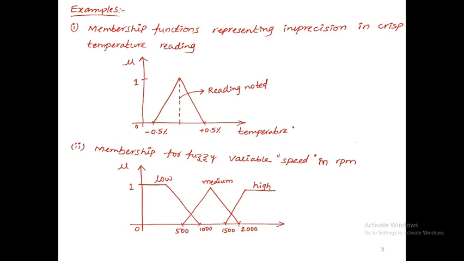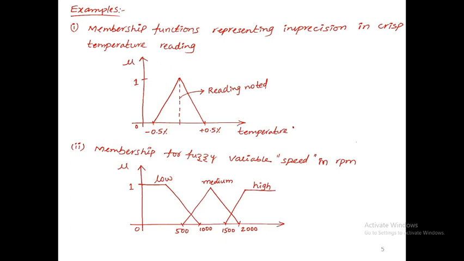Let us see that membership function mu, the membership value, is assigned from 0 to 1 on the x-axis, temperature. When you measure the temperature, the dotted line shows the reading noted. So that is an accurate reading, and for the dotted line the corresponding membership value is assigned as 1.